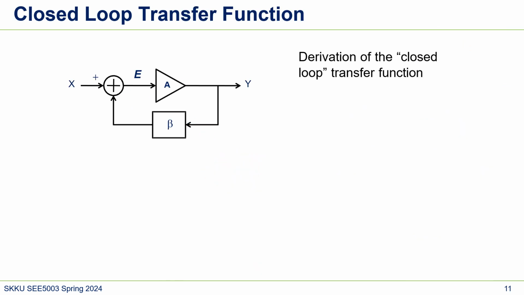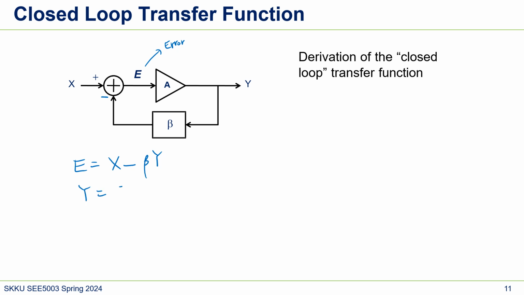Now let's calculate the closed loop transfer function. Here's the E. We use E here because this is the error, and then this is minus. What we can do is E is X minus beta Y, right? And what is Y?